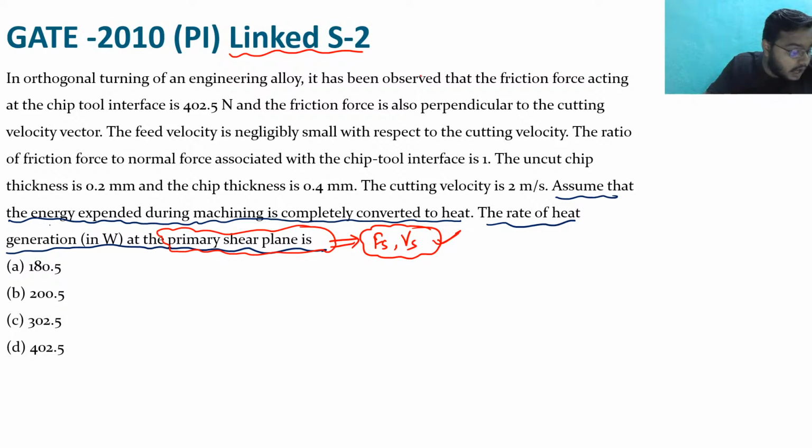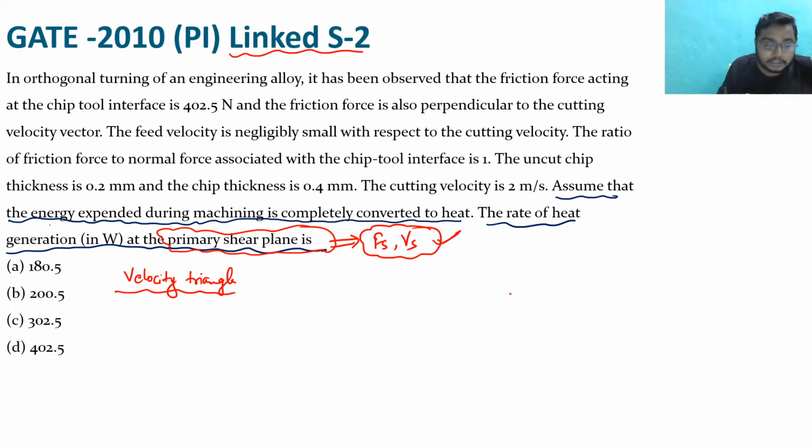For those who have tried and still cannot find the answer, please see here. What is the relation in the velocity triangle? Do you remember the velocity triangle?